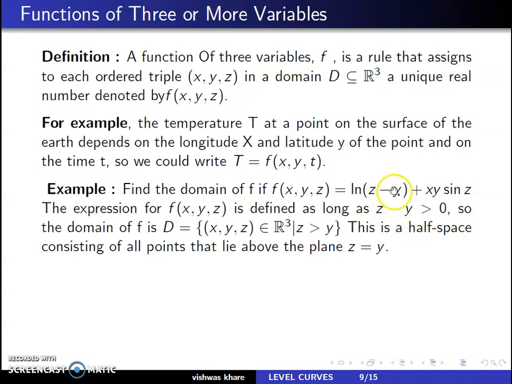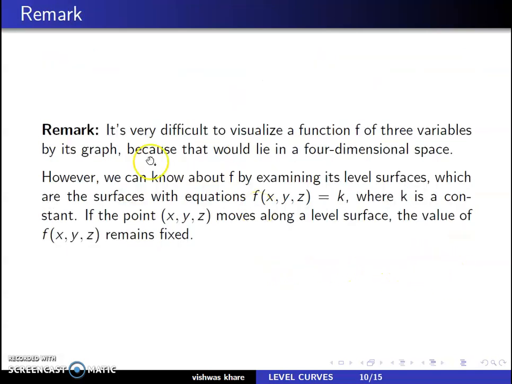Because the logarithm function is defined for values which are greater than 0. x y and sin z make no problem because sin is defined for all values of R and x y is also defined. So the domain of f is D, equal to all points (x, y, z) belonging to R3 for which z is greater than y. This is a half space consisting of all points that lie above the plane z is equal to y.